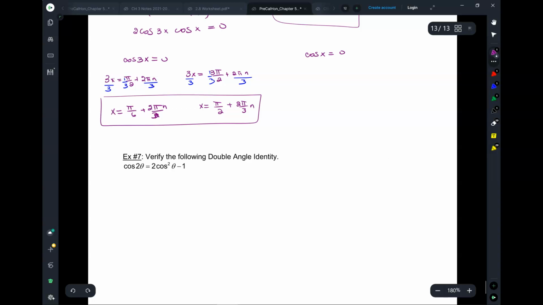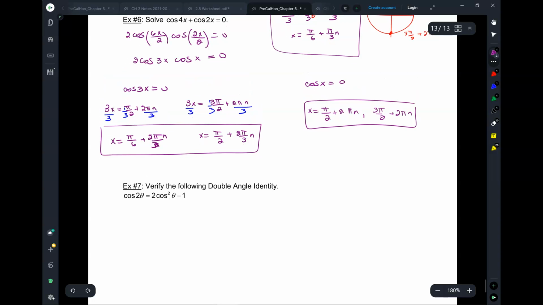Okay, and then here we have cosine of x equals 0. Back to the basics for that one. So you just say x is pi over 2, 3 pi over 2 plus pi n, plus 2 pi n, right? Now, you can write it like this.